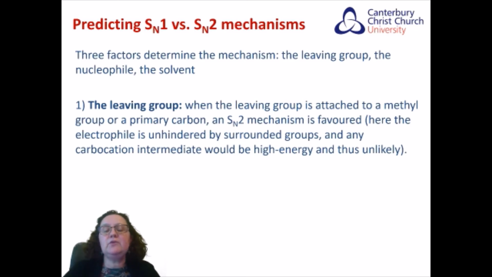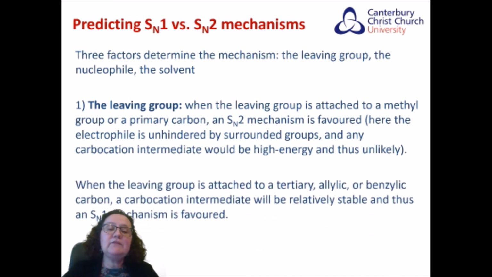When you have a leaving group attached to a methyl group or a primary carbon, typically an SN2 mechanism is favored. And that is because the carbocation you would be forming if you have a primary carbon would be too high energy, too unstable, and thus unlikely to form.